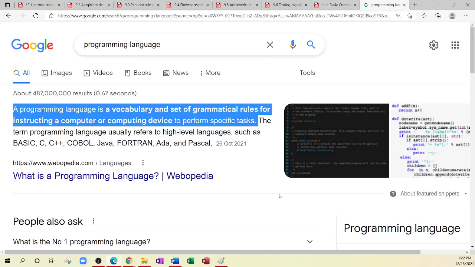A programming language is a vocabulary and a set of grammatical rules for instructing a computer or a computing device to perform specific tasks. Let me know when you guys have that.